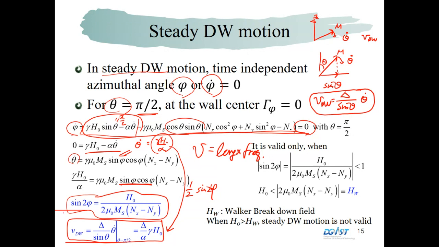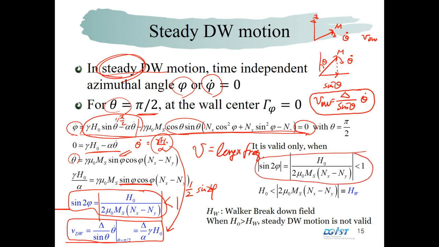And here is one thing we have to think about: is this steady motion always valid? Okay, let's think about this equation. The sine 2 phi means the absolute value of this one should be less than 1. So that implies if H0 is smaller than this one, this steady condition is valid.